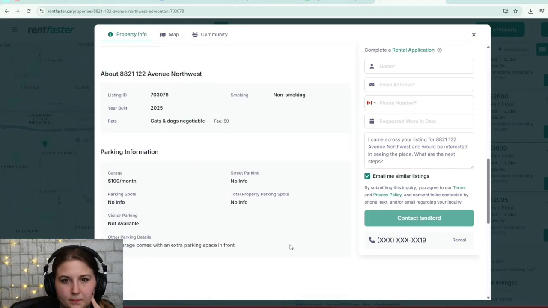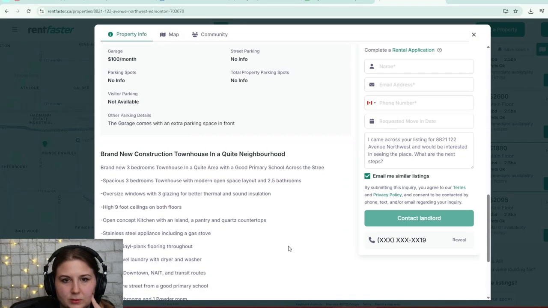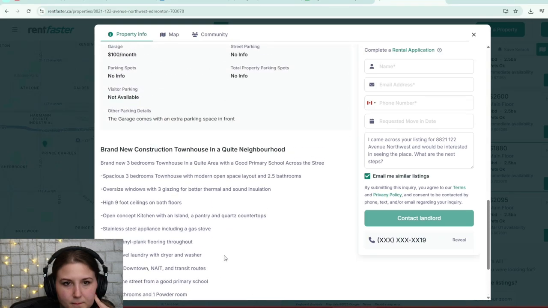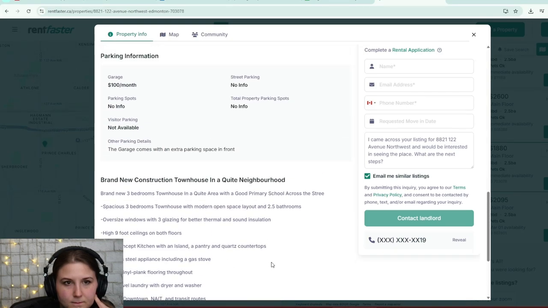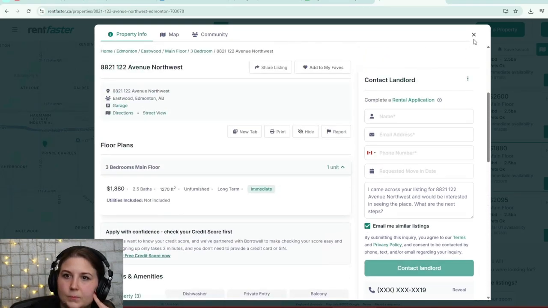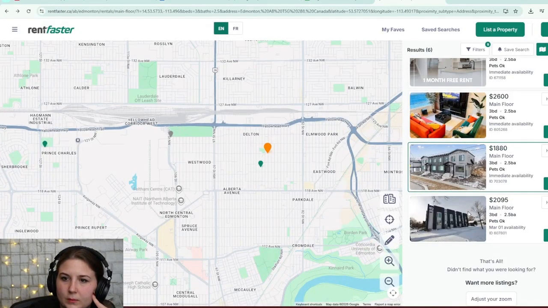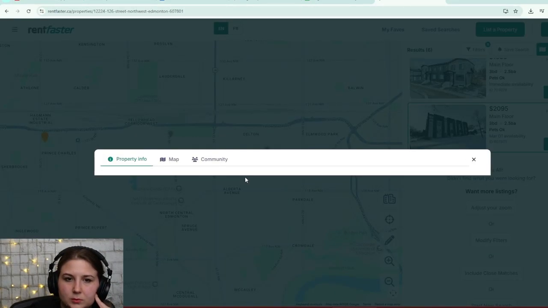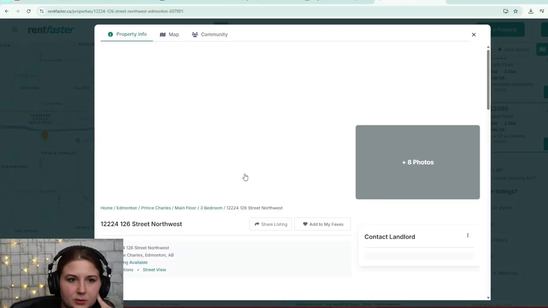Okay, that's apples to apples. 3 beds, 2.5 baths. Utilities, these guys are collecting $350 a month on top of rent. 2,000. This is probably including utilities.